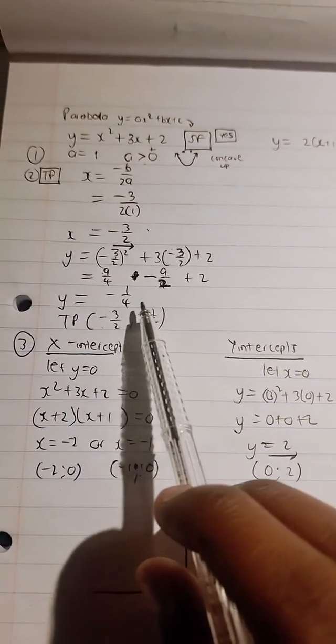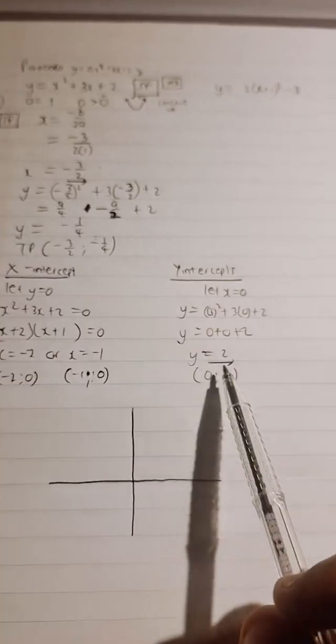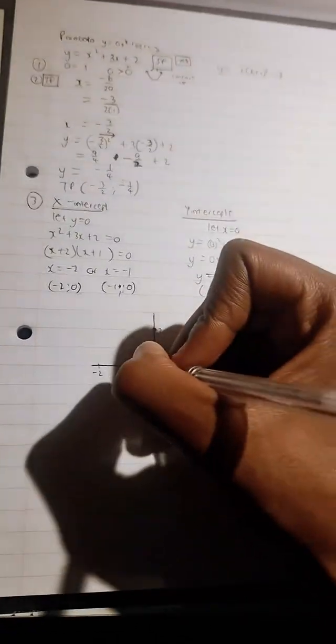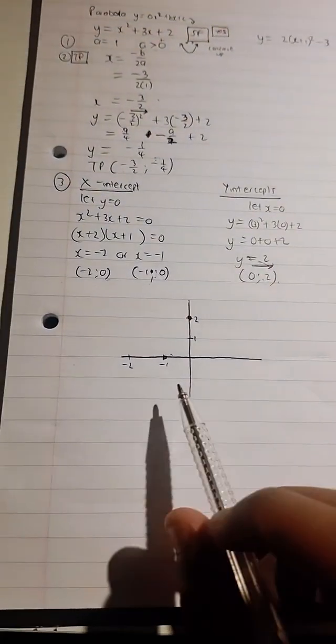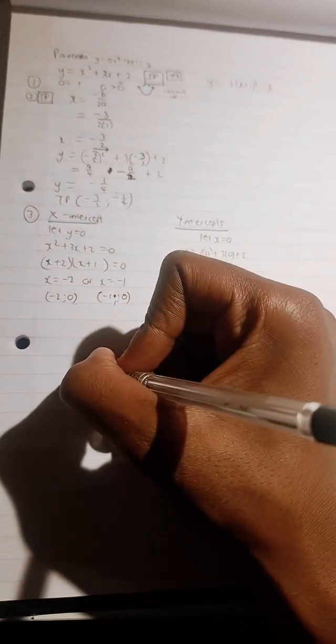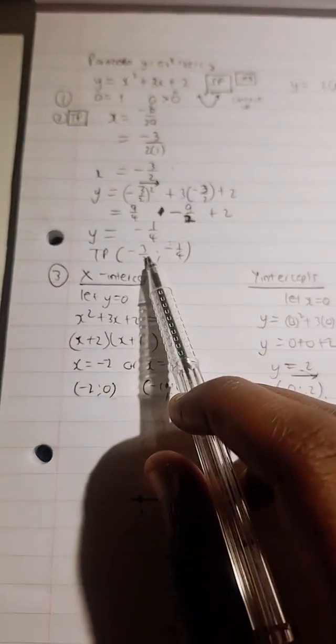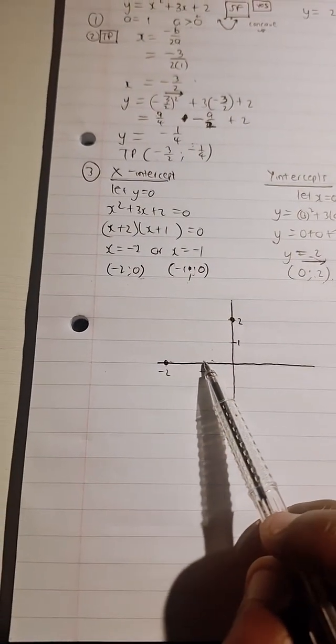All right, y-intercept: 0 and 2. X-intercept -1 is here. -2 is there. -3/2, in between -1 and -2, it is -1,5.